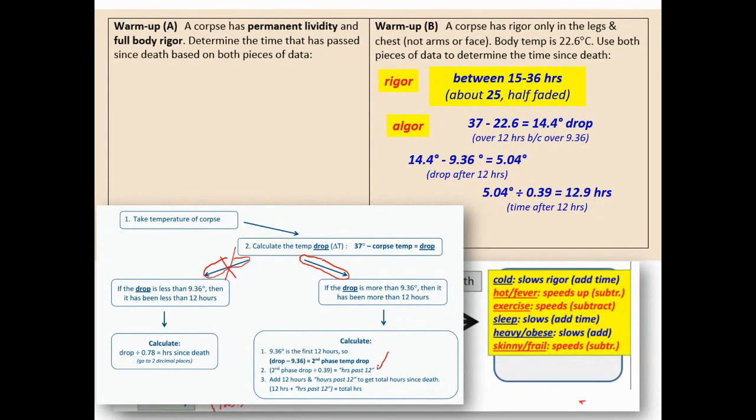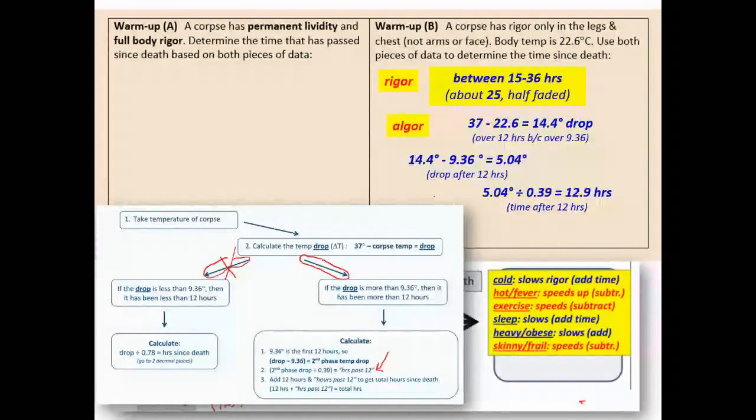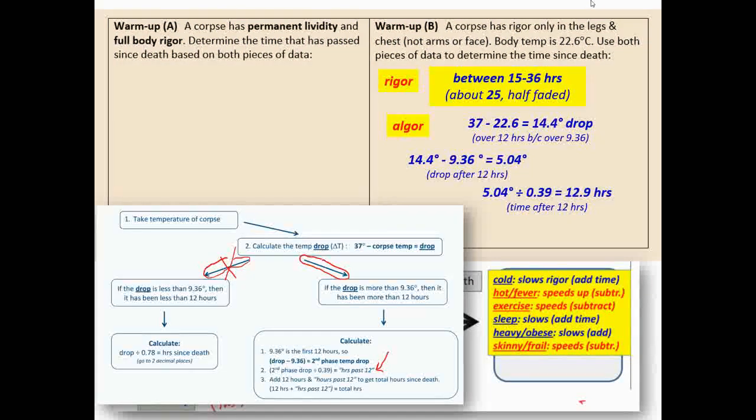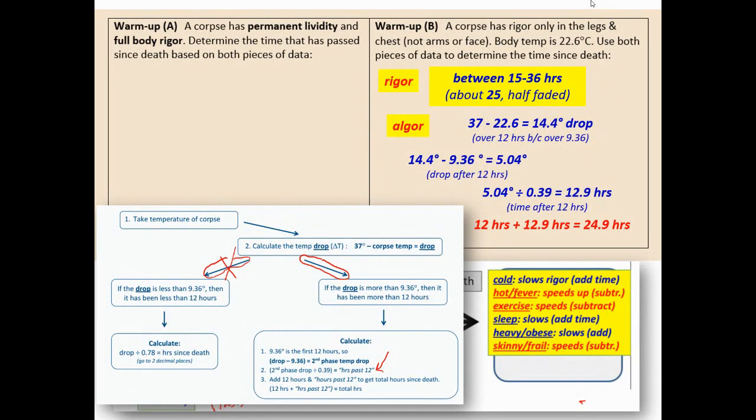Okay, and we'll write down here. That means after 12 hours, 12.9 more hours passed. Okay, 12 hours was the time for the temperature to go down 9.36 degrees. 12.9 more hours was how long it took to go down the additional 5.04 degrees. So we take 12 hours plus 12.9 hours, we get 24.9 hours.